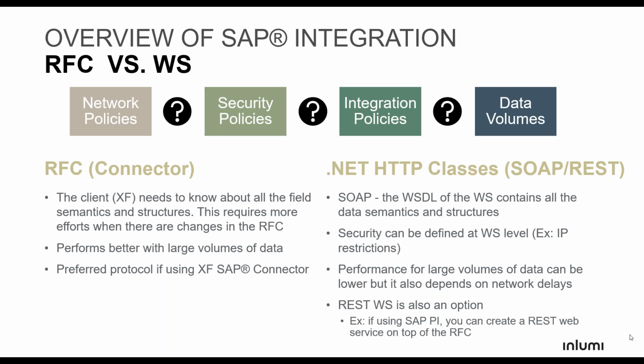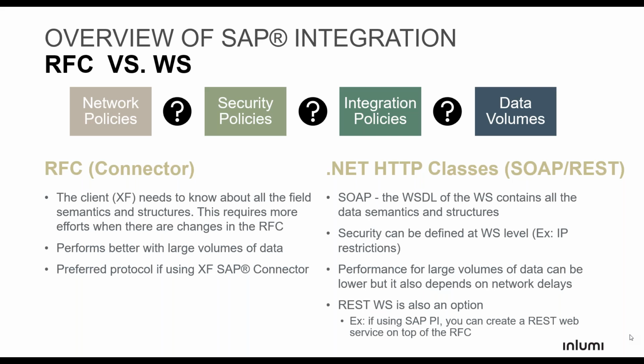The answer is it's not A or B. You need to have some discussions with different teams. You need to evaluate different requirements because, for example, you can say, okay, I would like to have web service because it's more secure, but you have a big volume of data to extract. And with big volumes, it depends on how the web service is implemented.